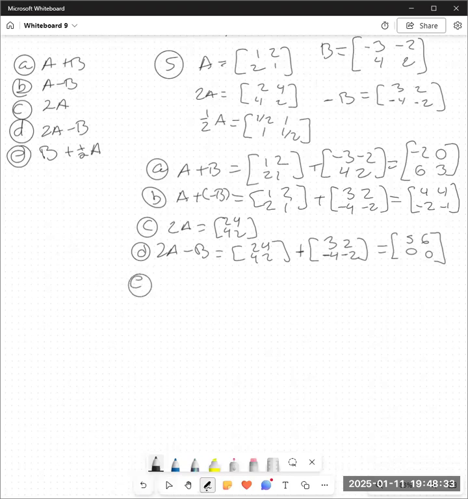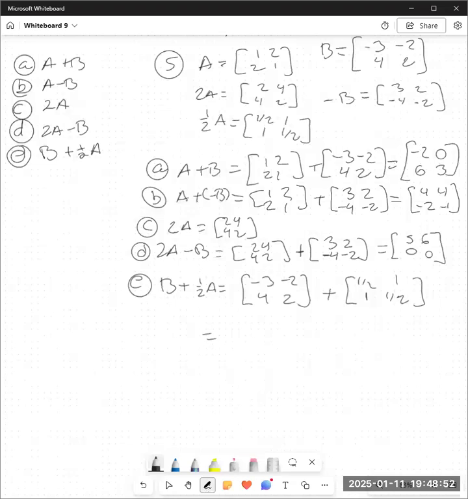Then E asks me to find B plus 1/2 A, which is [-3, -2; 4, 2] plus [1/2, 1; 1, 1/2].